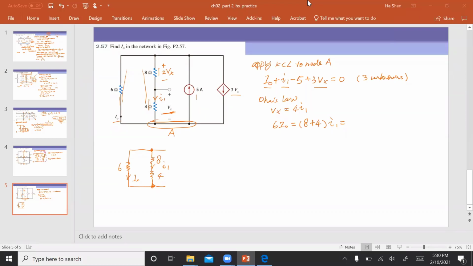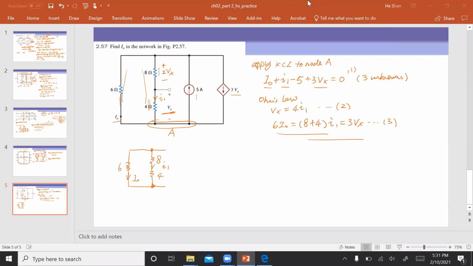So the total voltage drop is 3Vx. You can use either of these two relationships to give you the third equation. So let's call this equation 1, this equation 2, and this equation 3. Now you have these 3 equations, you will be able to solve the problem.